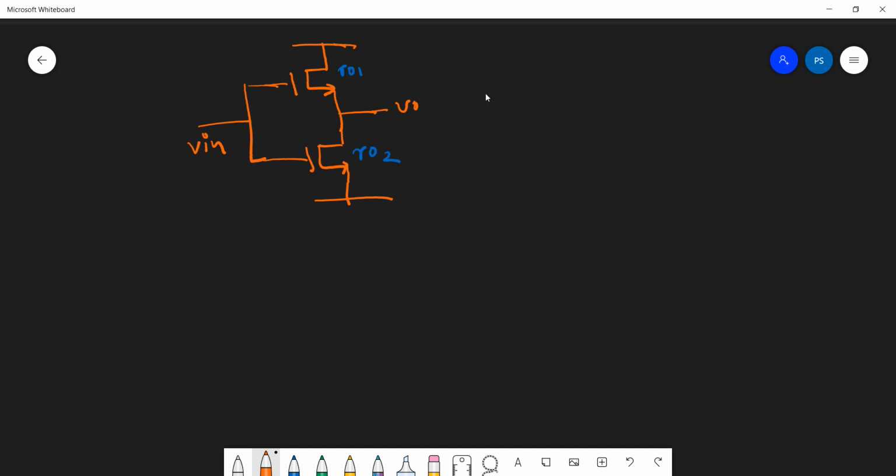Here also RO1 and RO2 are really very large compared to other resistances, like it can be greater than 1 by gm1, or greater than 1 by gm2. They are really very large. You can make some assumption based on this. Is it fine? Now you have to comment on the gain, just like the previous problem.